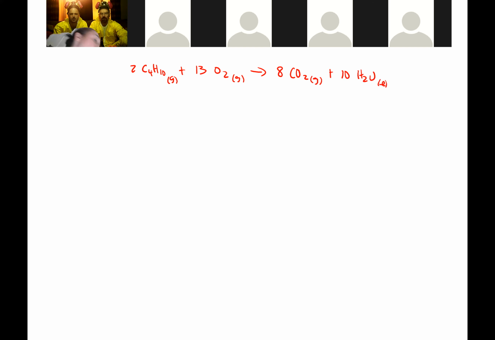Okay, so let me read it one more time. Assuming there's no change in temperature or pressure, calculate the volume of O2, so they want to know the volume of O2, for the complete combustion of 14.9 liters of butane. So all they give you is that information.